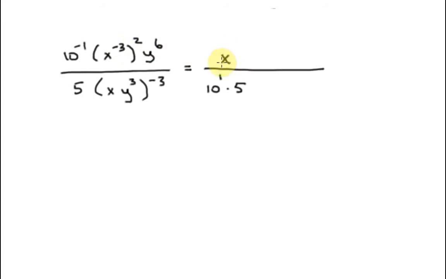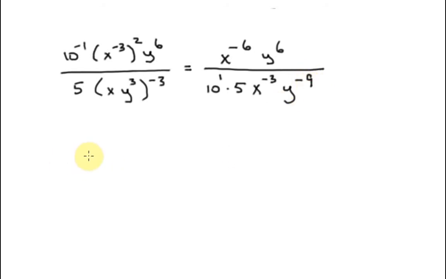So I'm going to multiply the inner and outer exponents together, and then I have y to the 6. Then here in brackets, both of these terms are raised to the negative 3. So I'm going to take x and raise that to the negative 3, and then y cubed and raise that to the negative 3, so that's y to the negative 9.